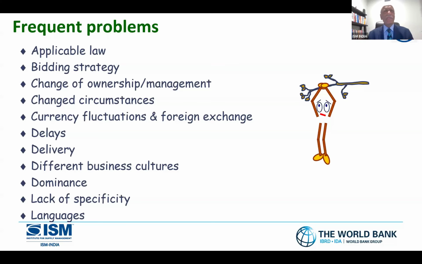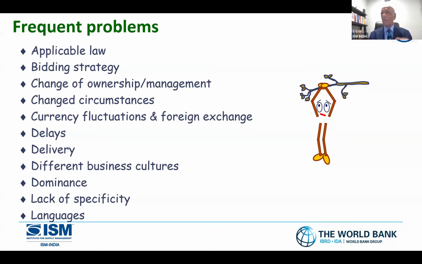Delays. Things get delayed. The project design is not ready. Land is not available. People are protesting. So delays could happen. Earthquake happens, flood happens. Then delivery, and different business culture. The contractor comes from one country and the project is in another country. They don't even speak the same language.